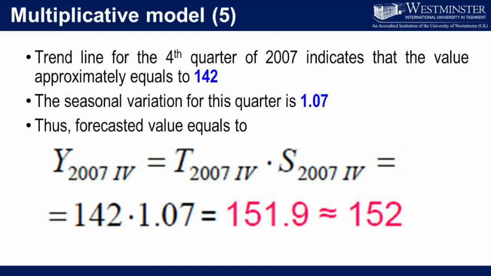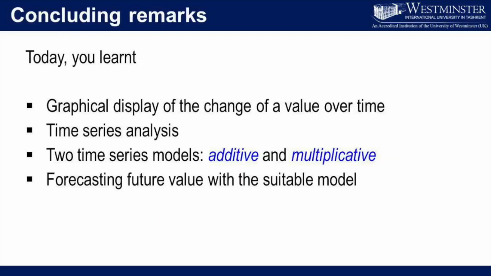That's it. So 2 models. Now, today you learned how to show time series graphically, how to analyze time series, how to use 2 models to forecast future data using the additive or multiplicative model, and you know which model to use by looking at the graph, right?